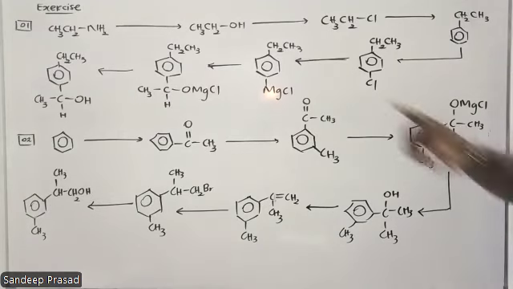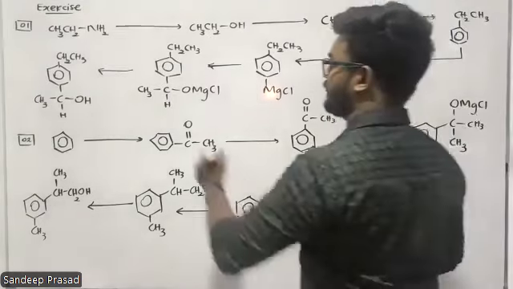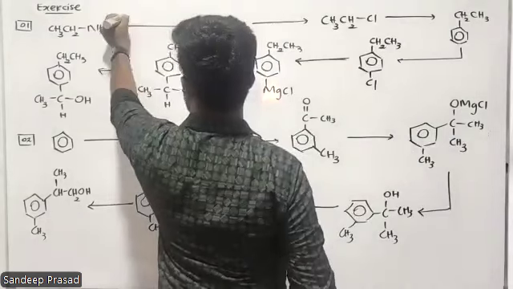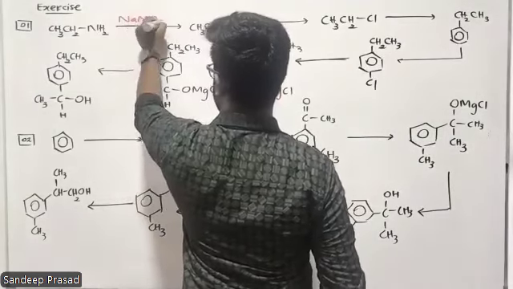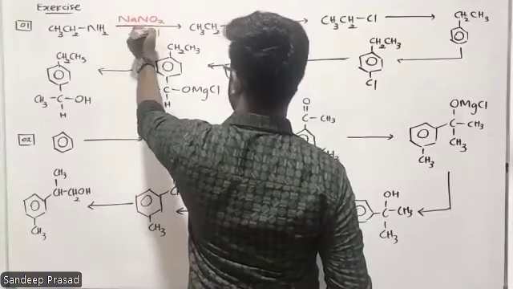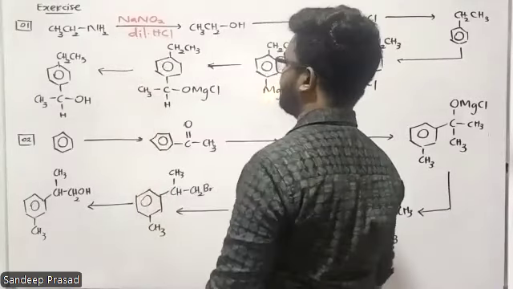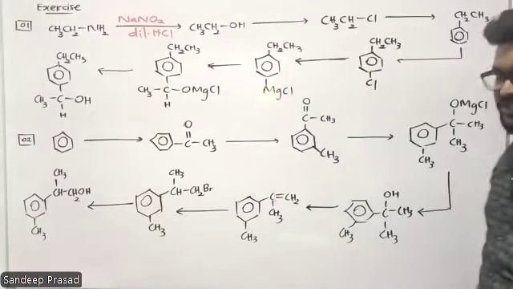Now go for the first one. Here we are adding sodium nitrite and diluted HCl. Just now we learned the NH2 group is converted into OH.